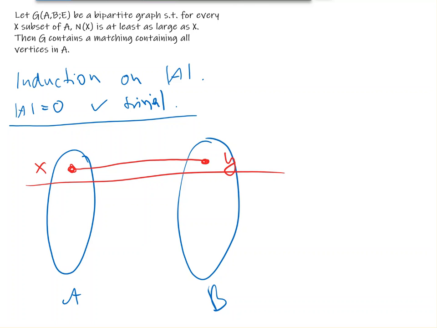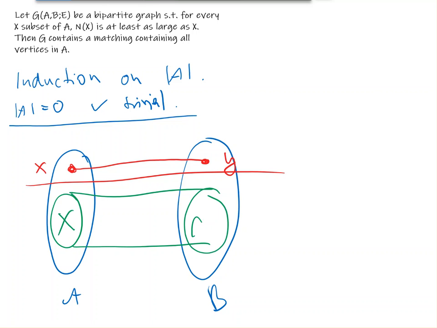So whenever I take a set X in A and look at the neighborhood of X, where of course I cannot use Y in this neighborhood now, and the big X better not contain the vertex x, this neighborhood needs to be at least the size of X. If I have that, then I could apply Hall's theorem to the smaller set A minus x and the smaller set B minus y.